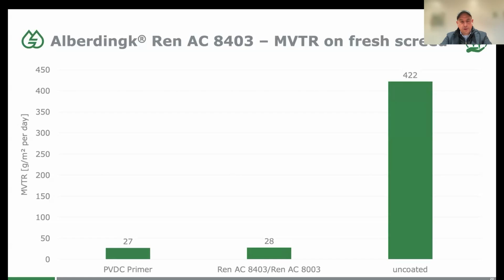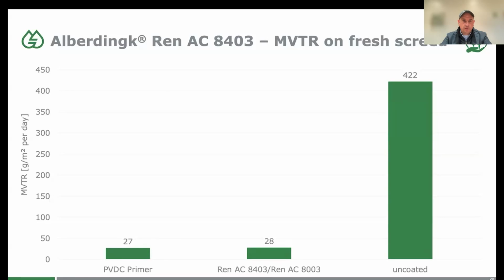If you formulate a combination of the REN AC 8403 and the REN AC 8003, you can see that you are also getting the same MVTR value as from the PVDC. That is something we are currently exploring. We are trying to fine-tune that. But as it stands, it seems that this technology enables us to replace PVDC in a lot of its applications.